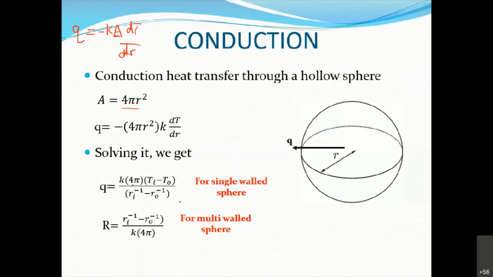Q is equal to K 4 pi (Ti minus To) over (R to the power of -1 minus Ro to the power of -1). This is for a single layer. For a multi-layer sphere, meaning that there is a layer covering your sphere, you have to find the value of R. And then it's going to be the same. Your Q value is going to be equal to delta T overall over R overall. And this is the formula to find the value of R.